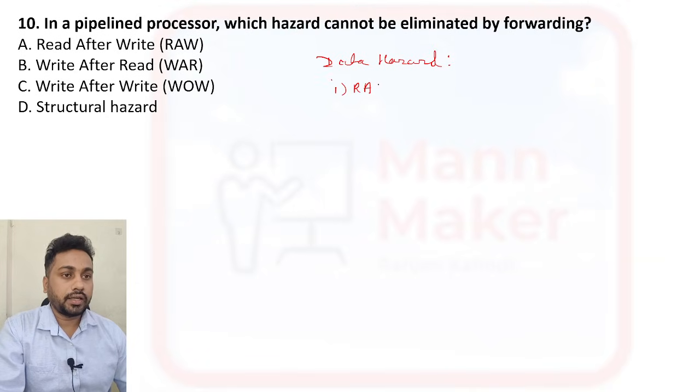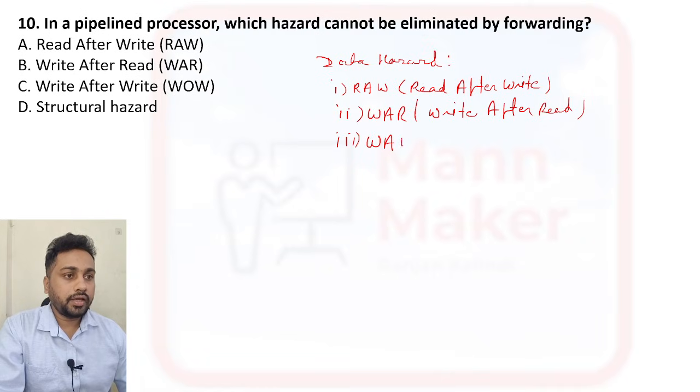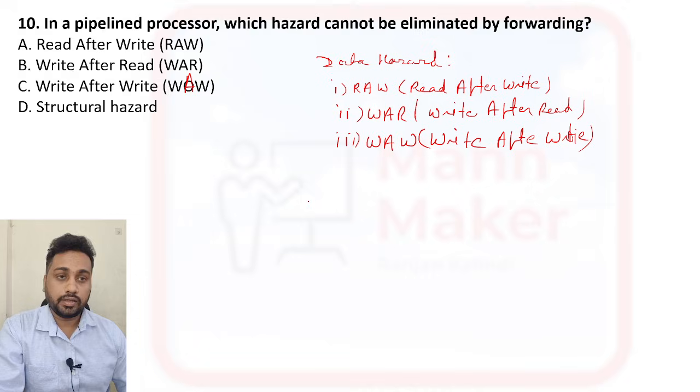First one is RAW, that is read after write. Then we have WAR, that is write after read. Then the next one we have WAW, that is write after write. Okay, this is what WAW is.